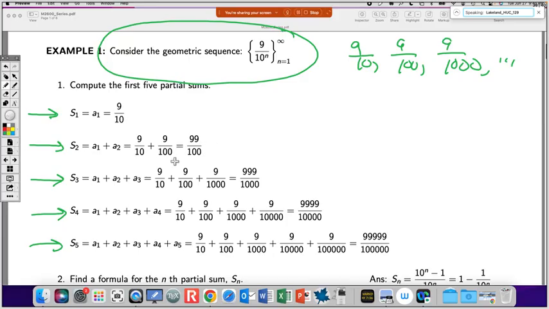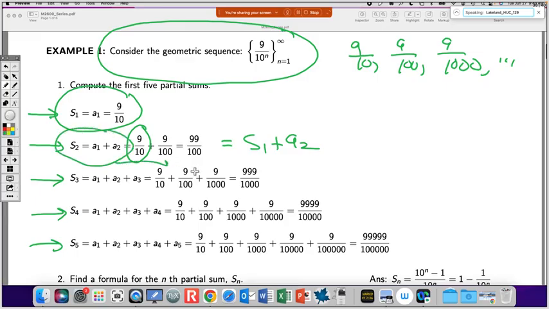Now, one thing I want you to notice here is the recursive nature of these partial sums. S1 is A1. S2 is A1 plus A2. You follow? S3 is A1 plus A2 plus A3. You with me or not?